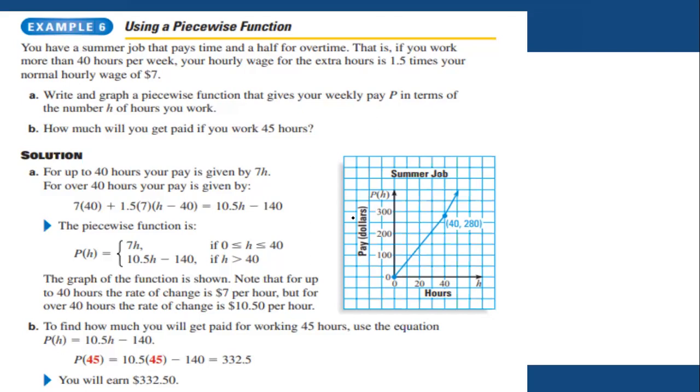So write a piecewise function that gives your weekly pay in terms of the number of working hours. The second part: if you work for 55 hours, how much will you be paid?